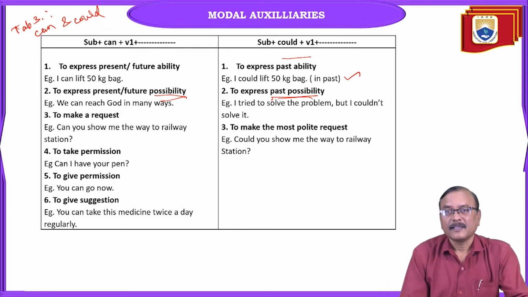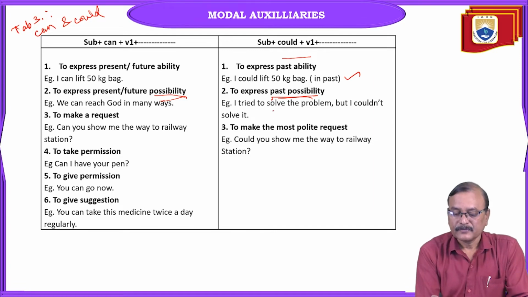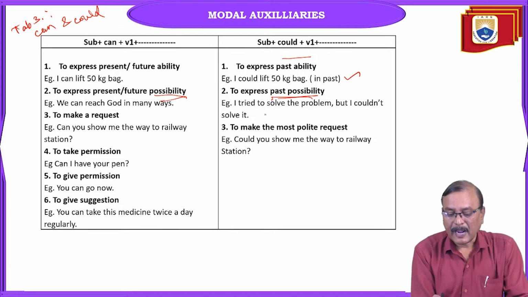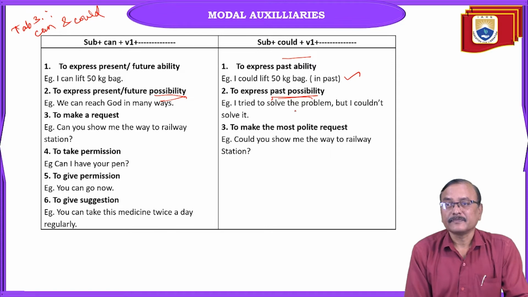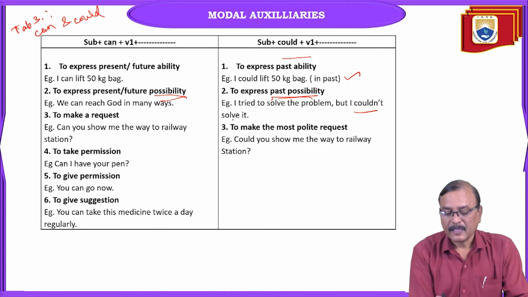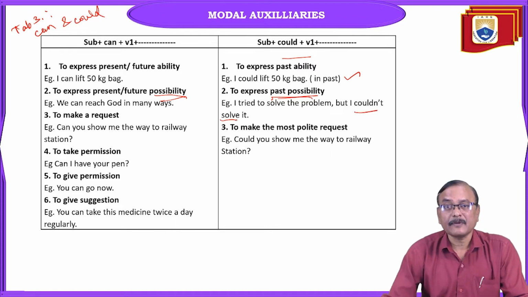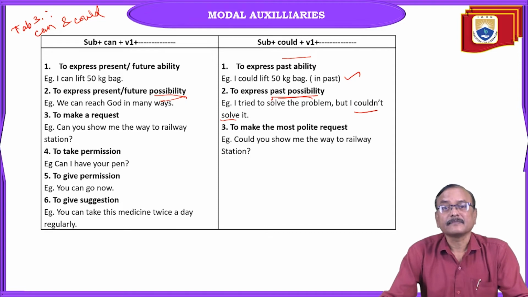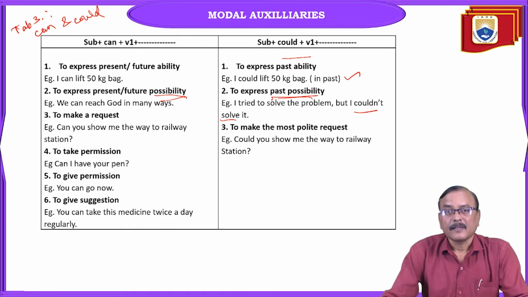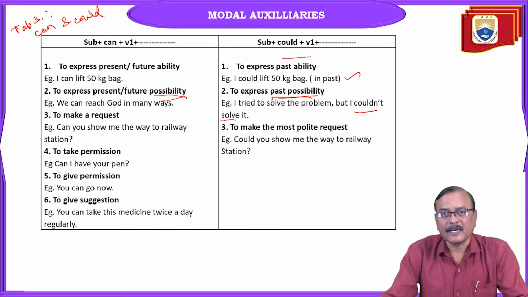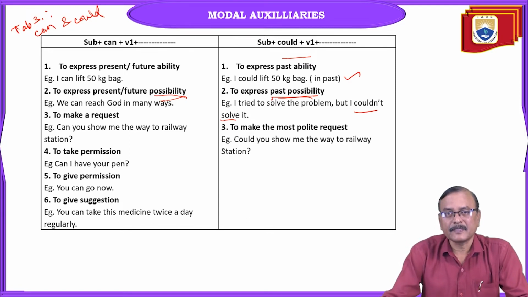Both are correct. I tried to solve this problem, but I couldn't. I couldn't solve it, which means it was not possible for me. I tried a lot, but I couldn't solve it. I couldn't get it. It was not possible.